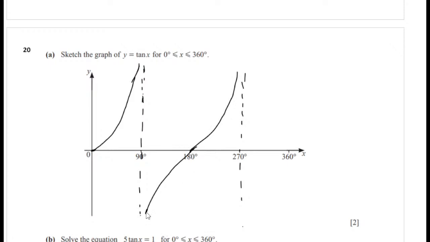So this is between 90 degree to 270, and then from 270 onwards again we will have the same shape, going like this and like this. So you can see how we should draw the graph.